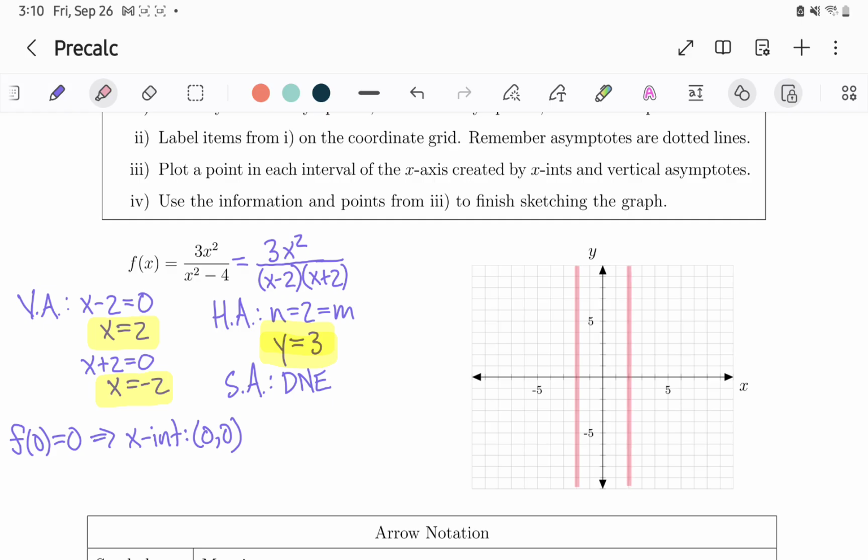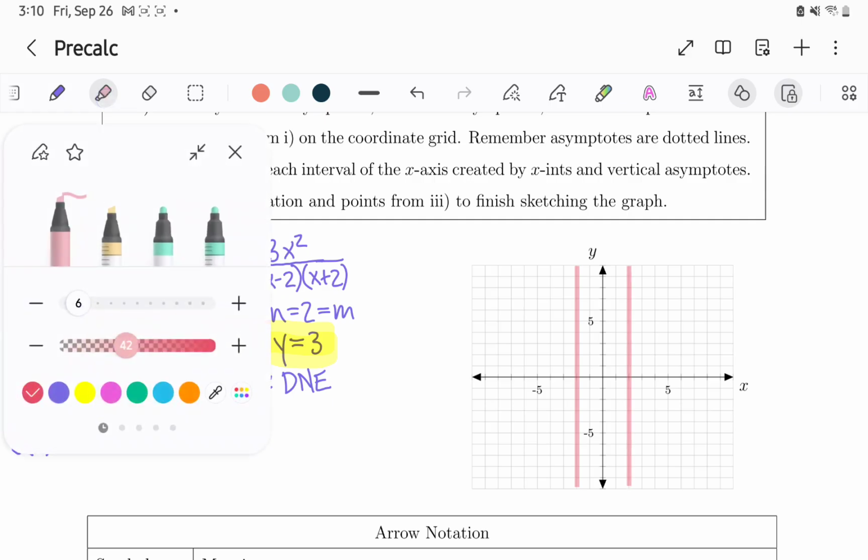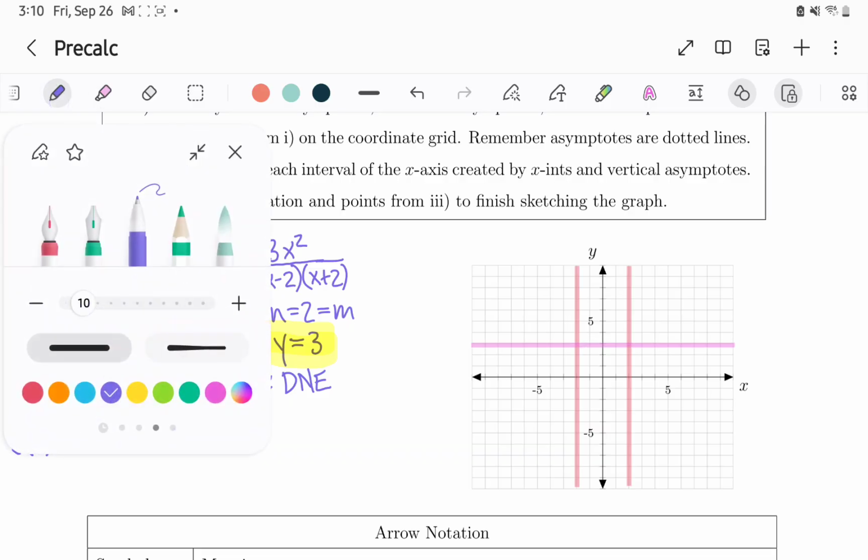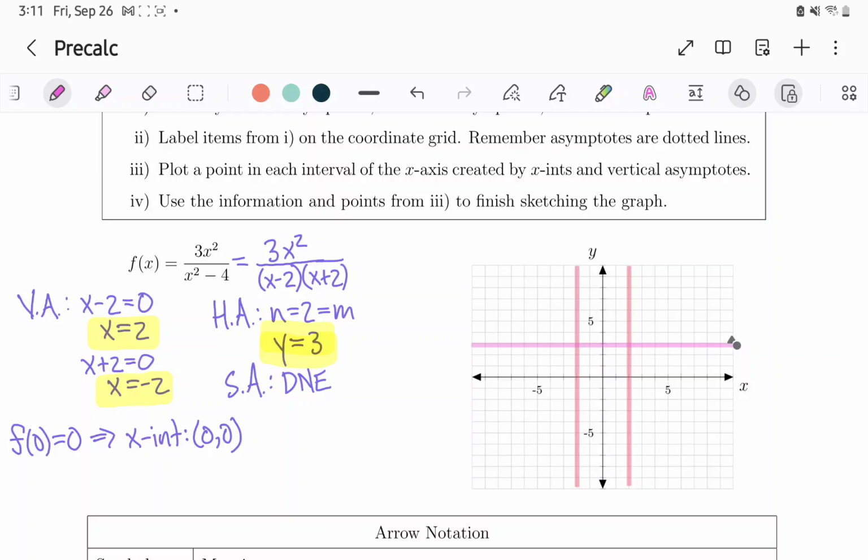So that's what these red opaquish lines are, our two vertical asymptotes. And then we have a horizontal asymptote, which I'm going to do in pink, at y equals 3. So there's the horizontal asymptote. You can write their equations off to the side if we want.